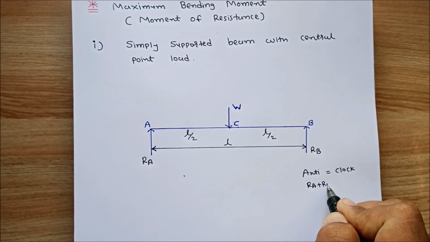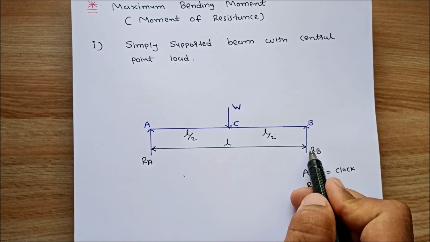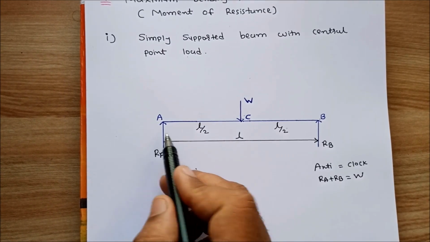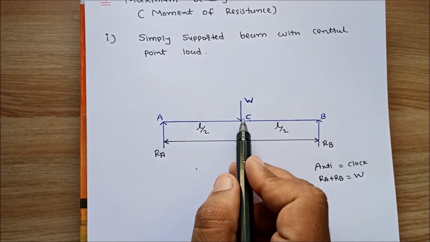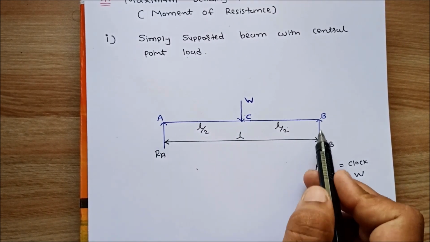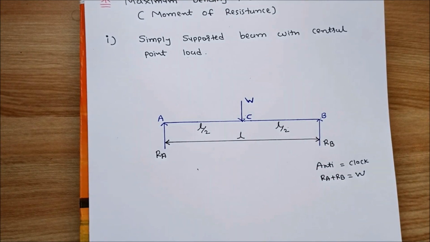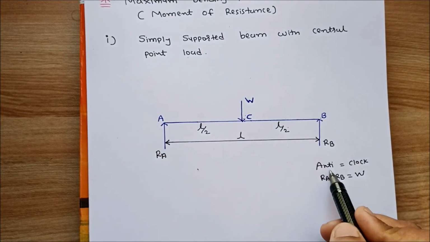So upward forces, RA plus RB, is equal to W. Reaction is also a type of force. So for finding reactions, we use these two conditions.